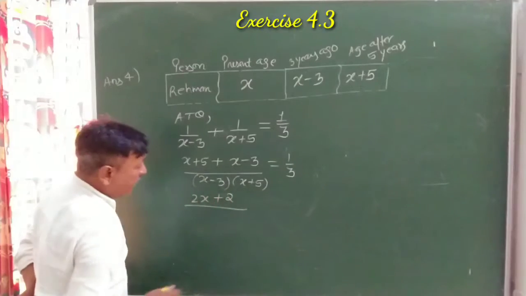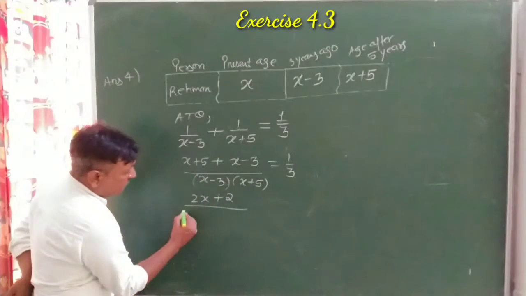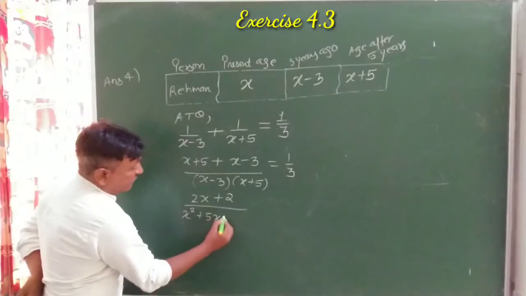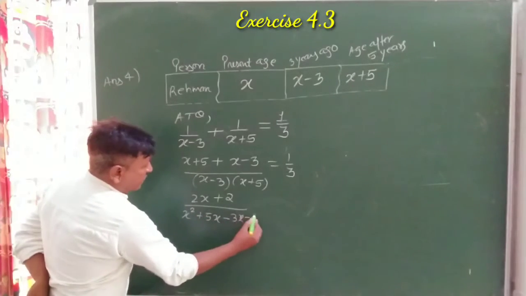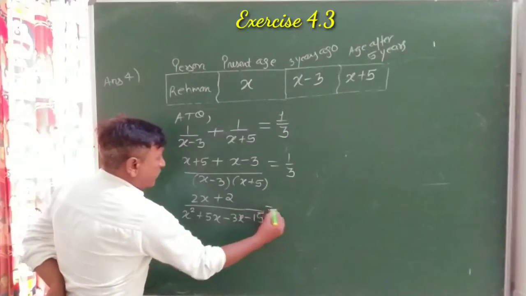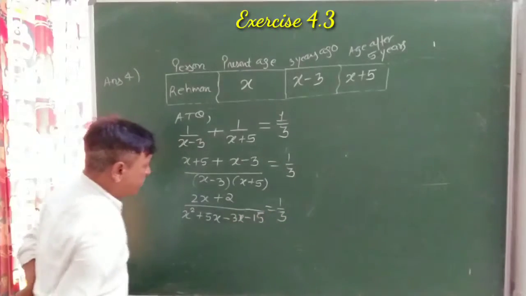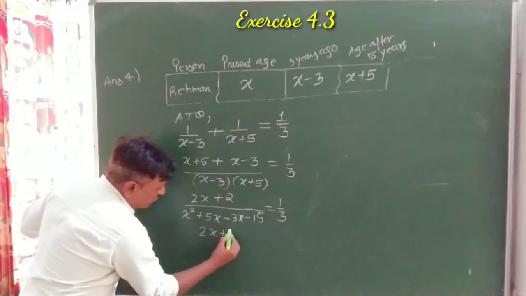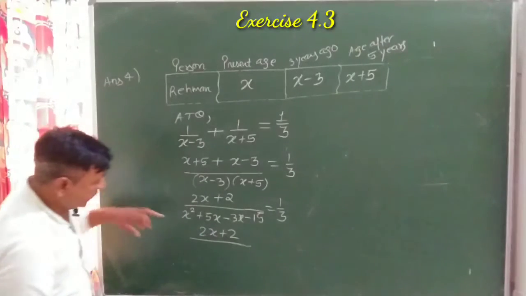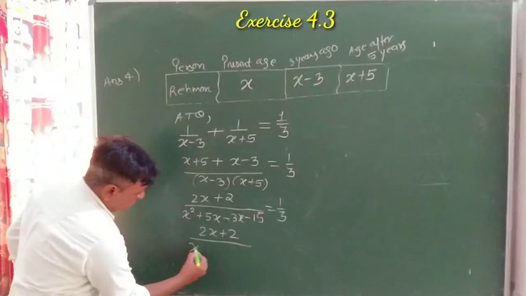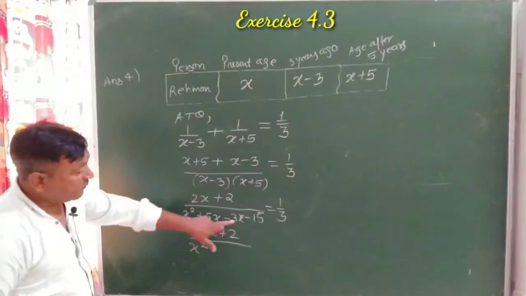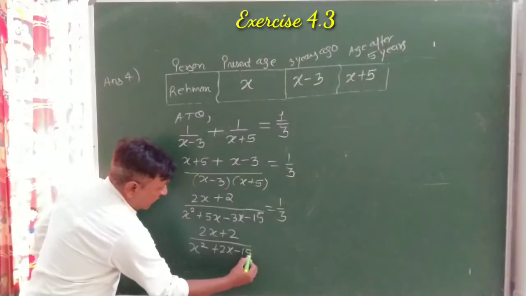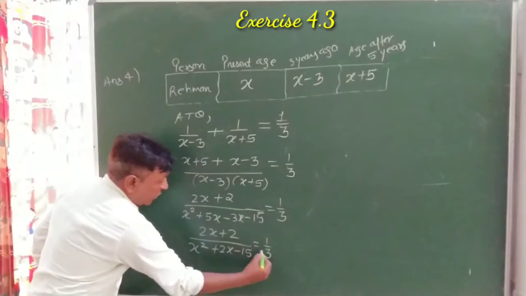And the denominators get multiplied: x square plus 5x minus 3x minus 15 is equal to 1/3. Copy the numerator, 2x plus 2. Here x square plus 5x minus 3x is 2x, minus 15, is equal to 1/3.